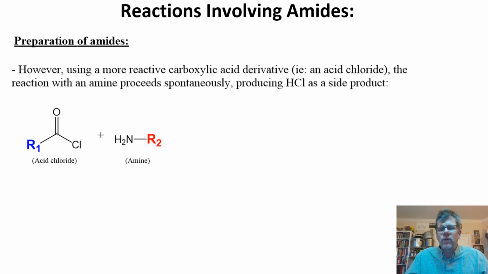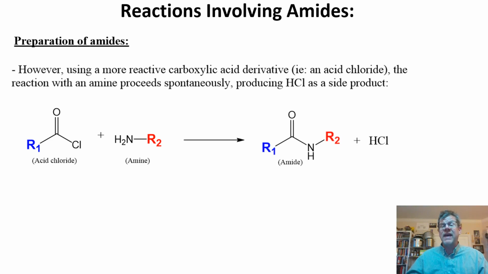We can recruit this in this case because instead of reacting together a carboxylic acid and an amine, I will react that amine with the much activated carboxylic acid derivative, the acid chloride. And I'm going to find that we spontaneously now produce our amide plus hydrochloric acid as a side product.